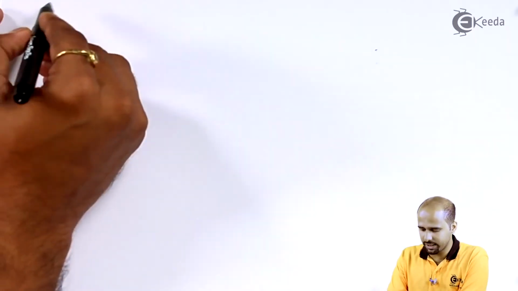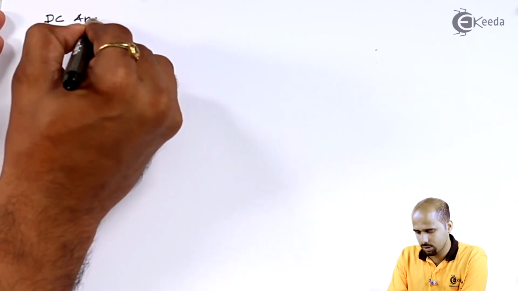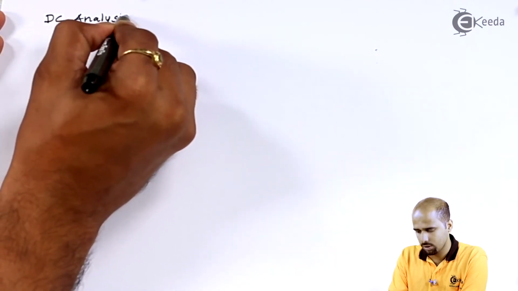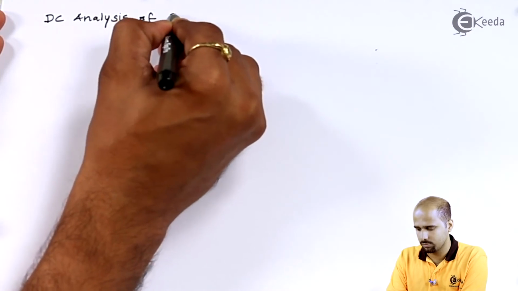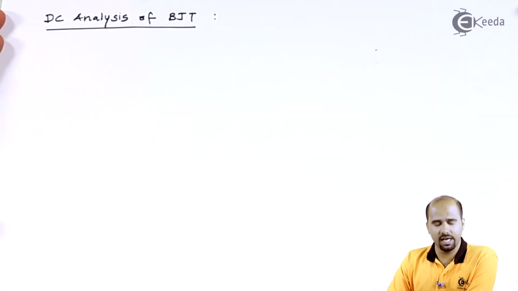For that we will consider only one type of these biasing configurations. So let us try to do the DC analysis of BJT.